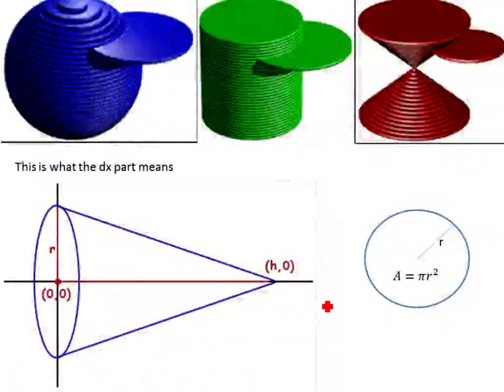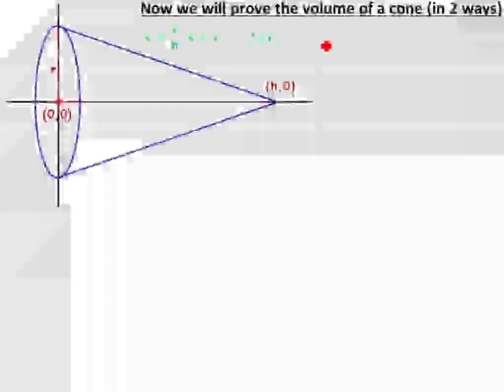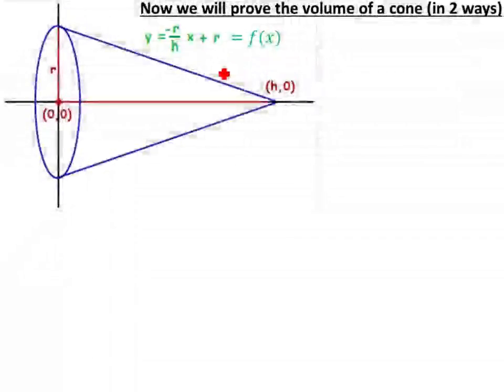So, speaking of cones, let's use that. Now we're going to prove the volume of a cone in 2 ways, and that's what also will be covered. And this is getting to some very high level maths. Right now, the maths involved is very high, I'll just tell you that. So, first we're going to need to know what the function of this line is.